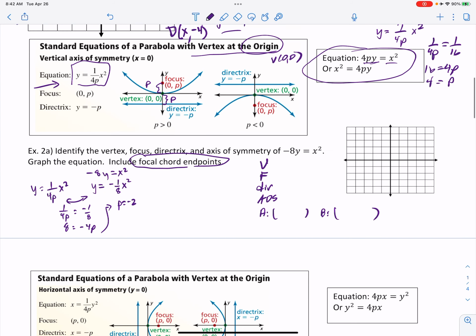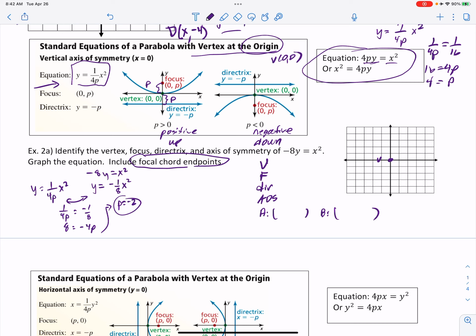And in this box up here, if p is positive, the graph opens up. If p is negative, the graph opens down. So this is going to be a graph that opens down. And so its vertex is at the origin. The value of p is -2.